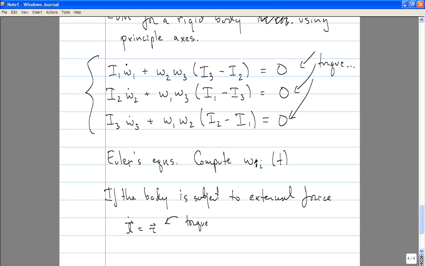And this is a simple enough looking differential equation that if there were any justice in the world, you would just be able to go and look in some textbook and write down the solution. But despite what your parents may have told you, there is no justice in this world. And in fact, it is impossible to find explicit, simple analytic solutions to these equations of motion.